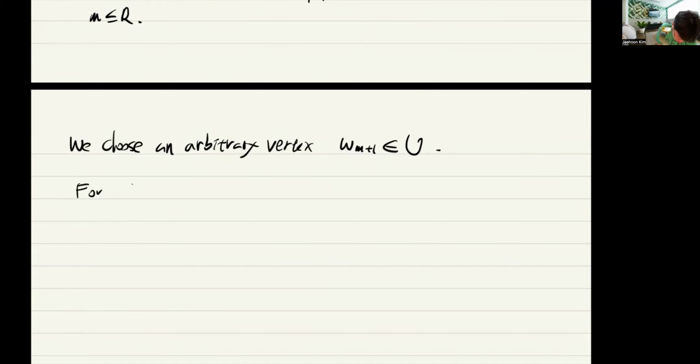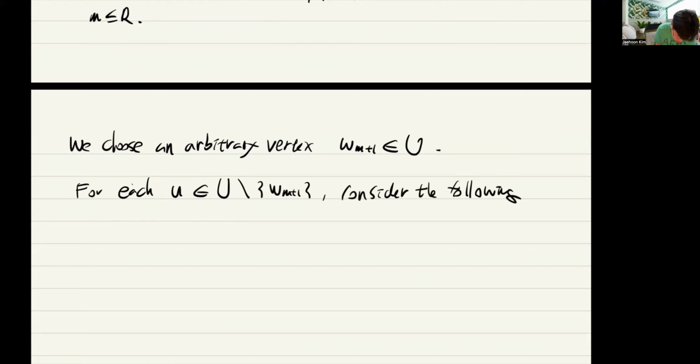For each u, what do we have to do to keep this u inside of this capital U? What you do is you consider the following tuple of length m. What's the tuple?